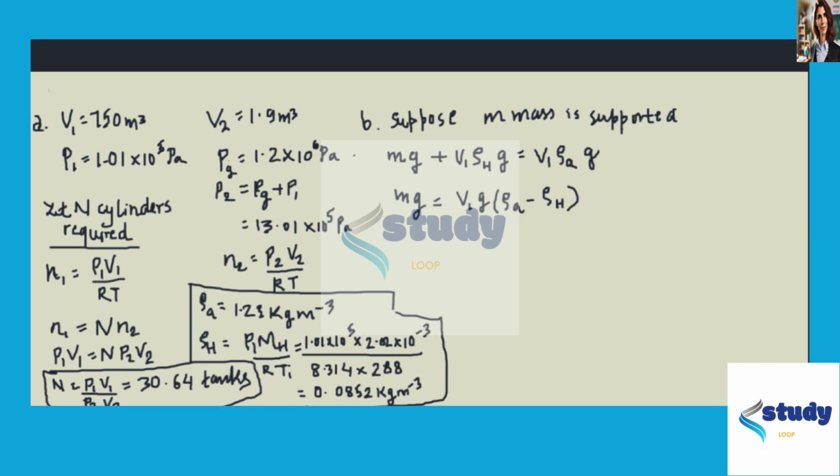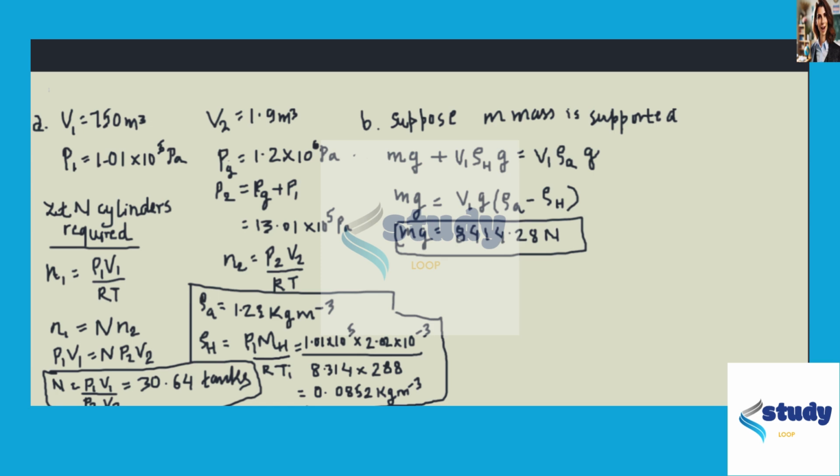Now plug all these values in, V1, g, rho a and rho h, and you get your answer, which is 8414.28 Newton. This is the weight the balloon can support.